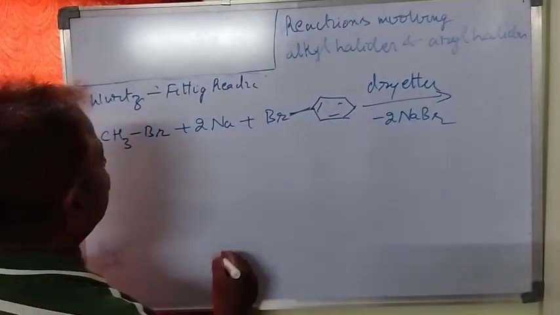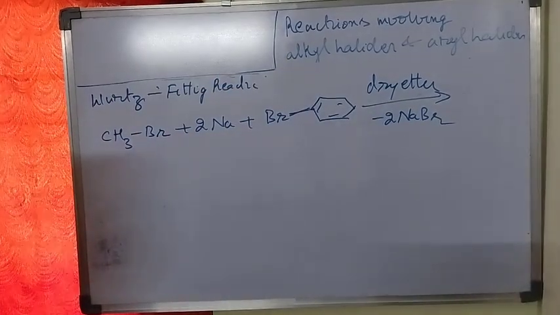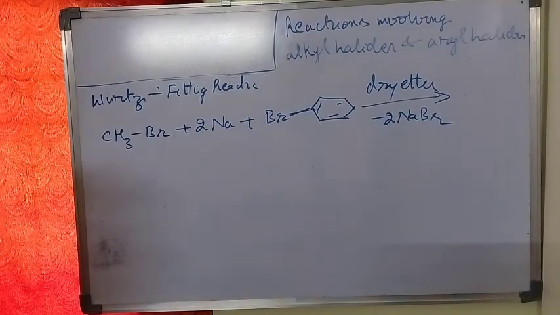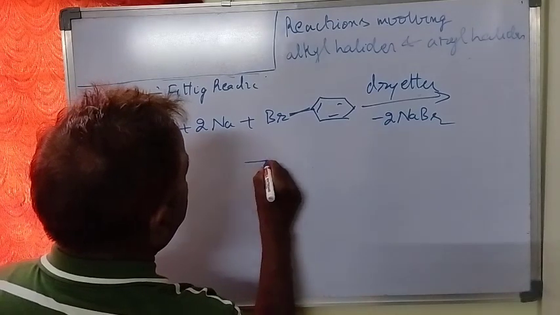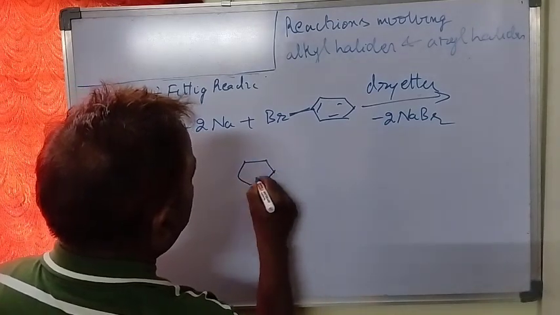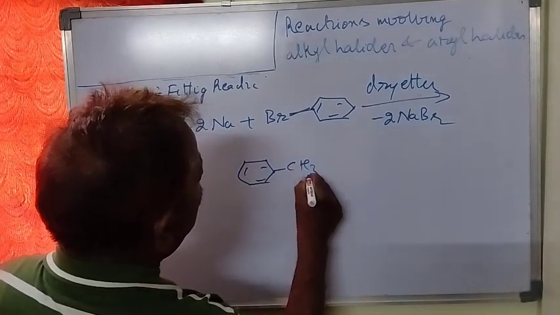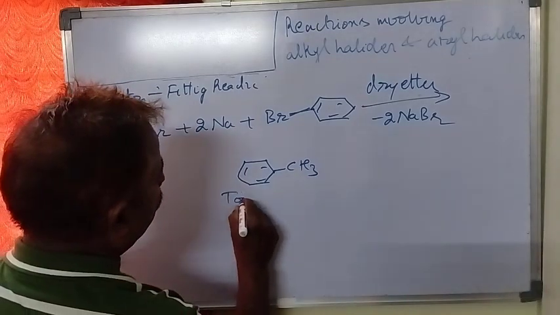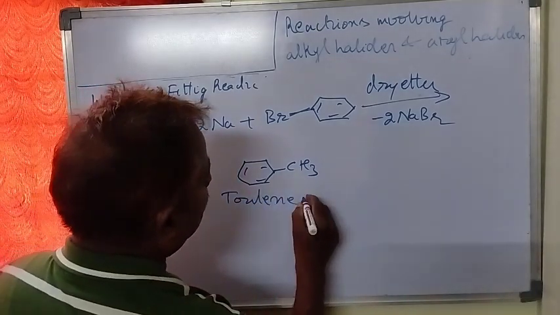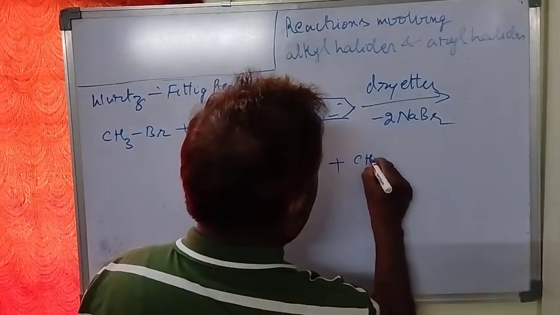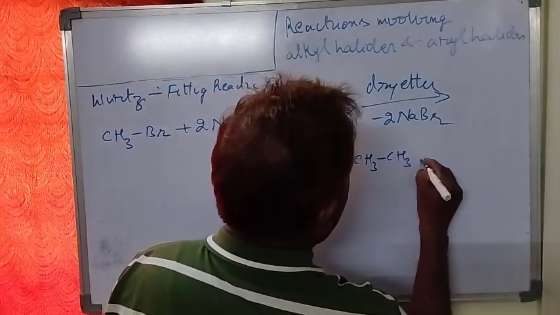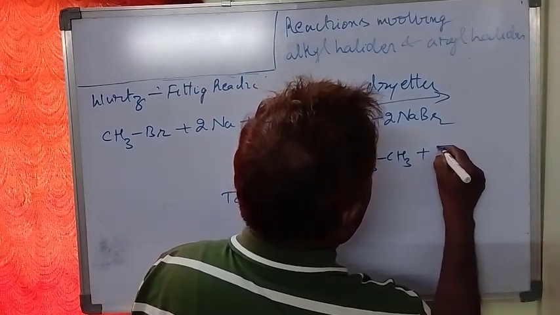Therefore what do we get? Here also more than one compound is formed, just like in the previous example. The main product is methylbenzene, toluene, plus what are the other options? Ethane, CH3CH3. What is the other option? Biphenyl.